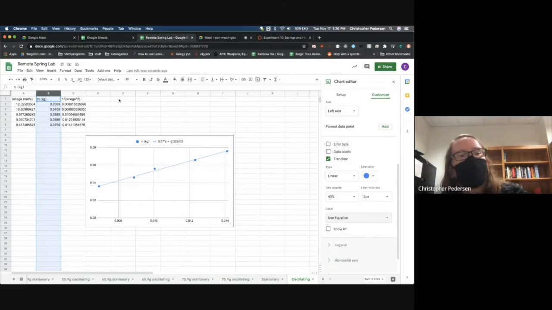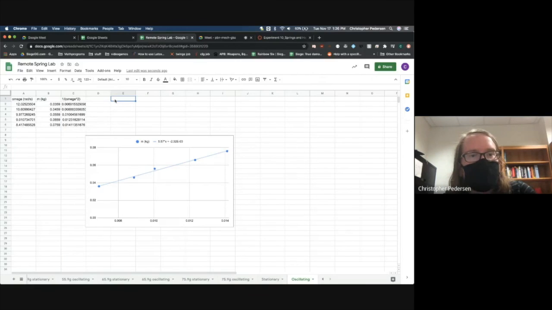If I wanted to just calculate k, I would say that it's equal to m times omega squared. And I just get a different k for each of these, and then I could average that if I wanted.